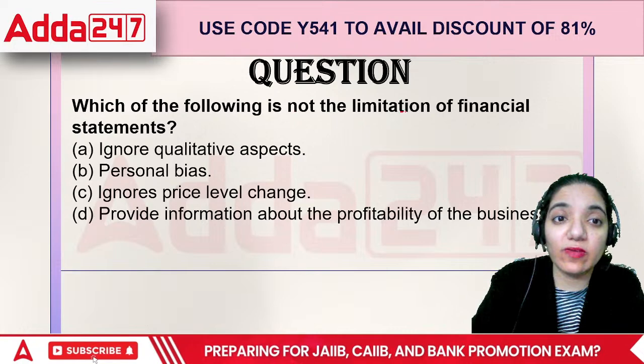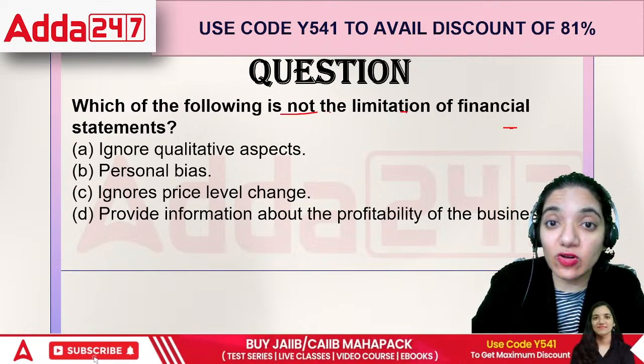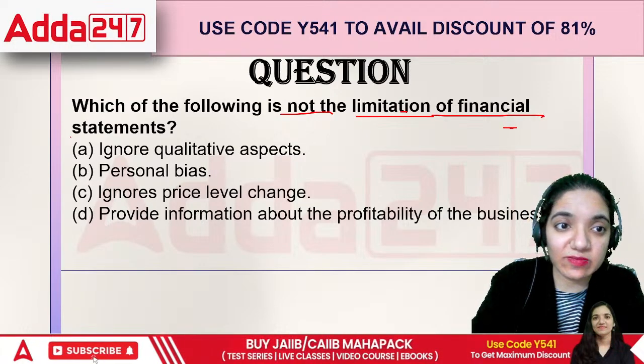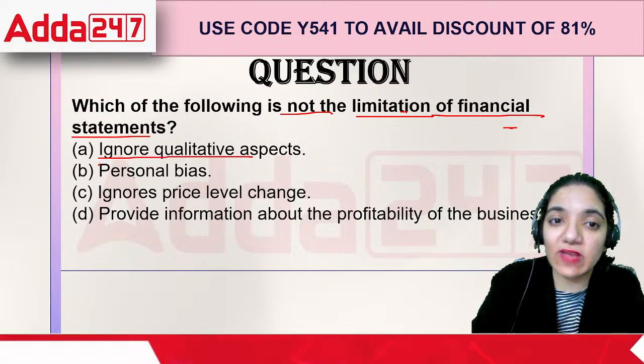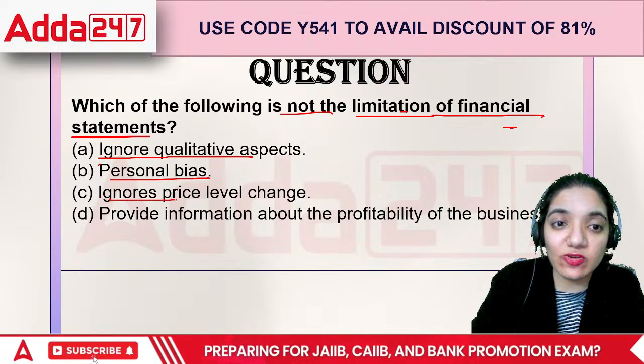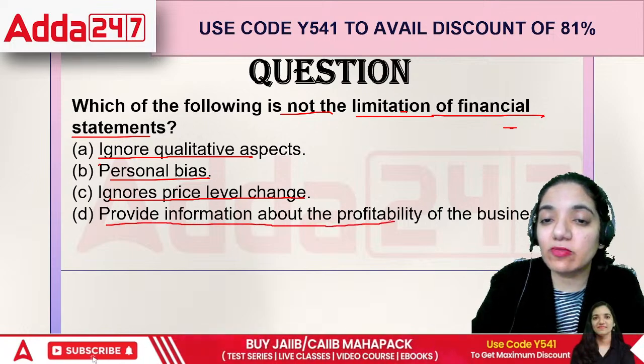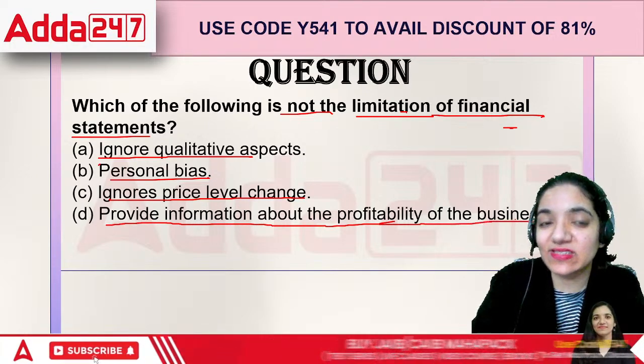Next question. Which of the following is not the limitation of financial statements? Ignores qualitative aspects, personal bias, ignores price level change, or provides information about the profitability of the business.